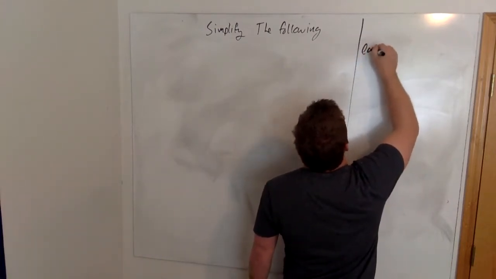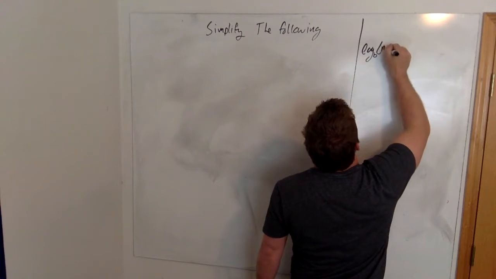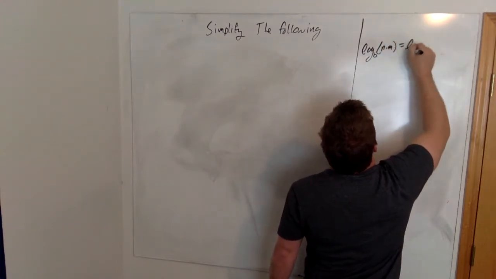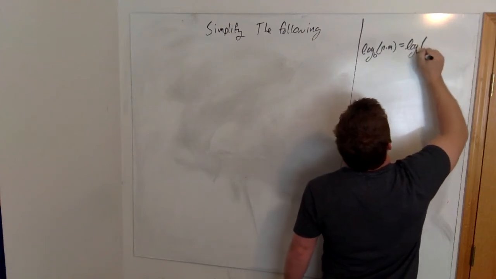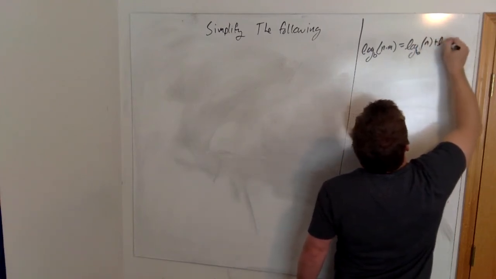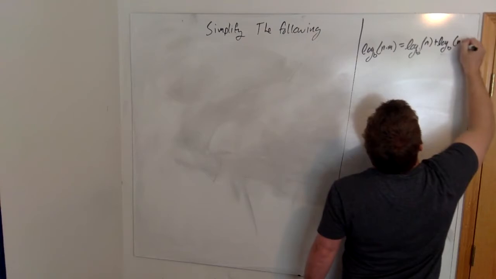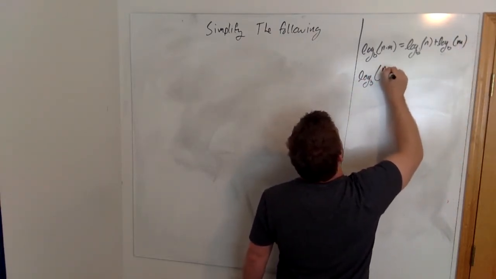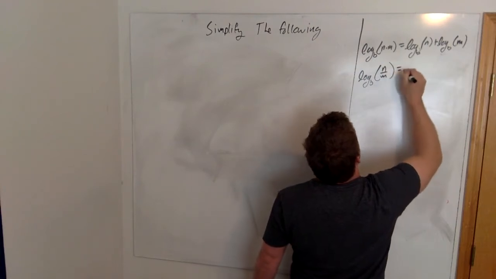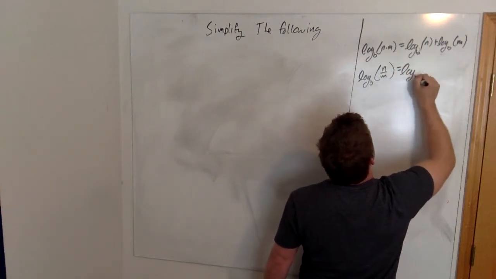So we know that log base b of n times m, multiplication corresponds to addition. We also have that division corresponds to subtraction.